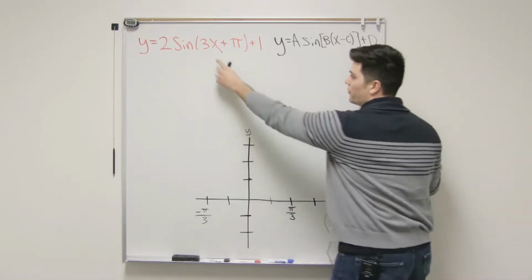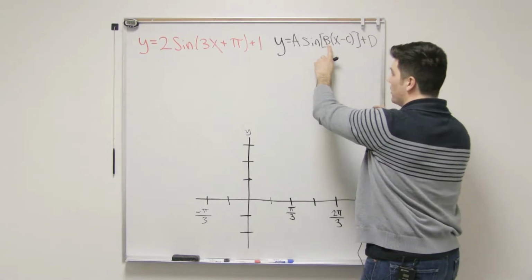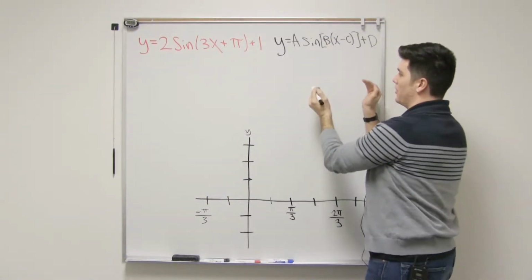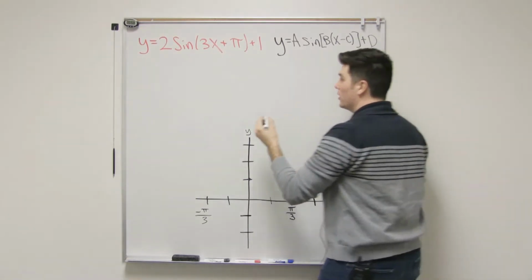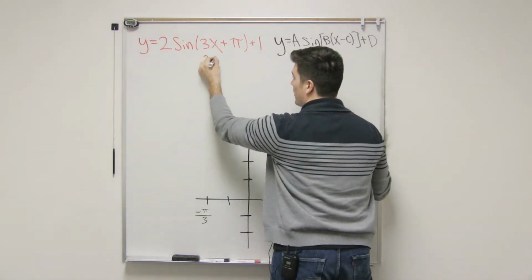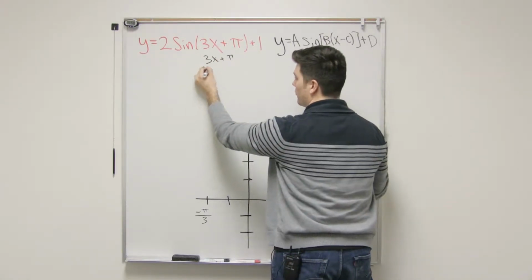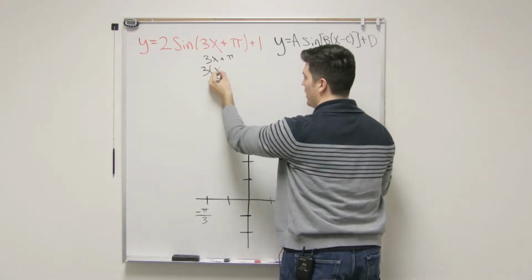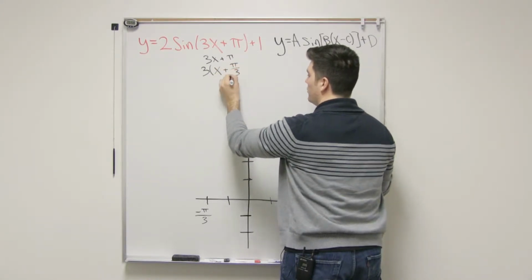We need to get that 3x plus pi to look more like a number times x minus a number. So let's look simply at 3x plus pi. If we just factor a 3 from both terms, we get 3 times x plus pi thirds.